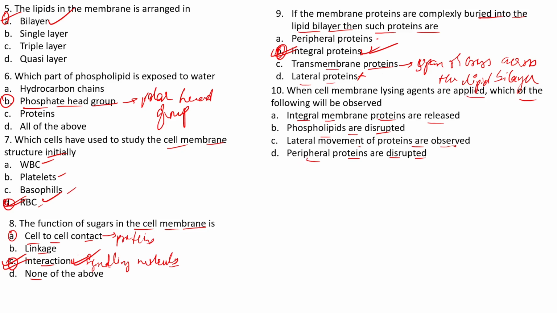It is the peripheral proteins. So if you apply membrane lysing agents, the proteins affected first are mainly the peripheral proteins. Hence peripheral proteins are disrupted, so D is our right answer. When peripheral proteins are disrupted, the lateral movement of the proteins is also disrupted. Remember, this is another consequence of using membrane lysing agents.